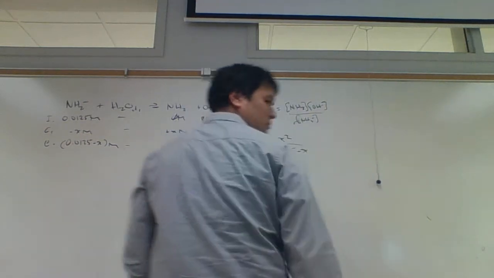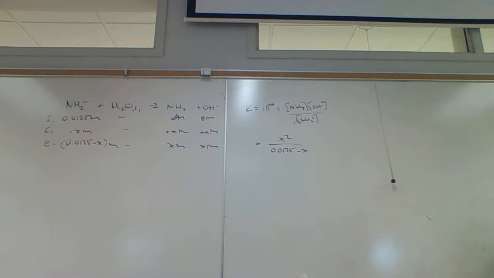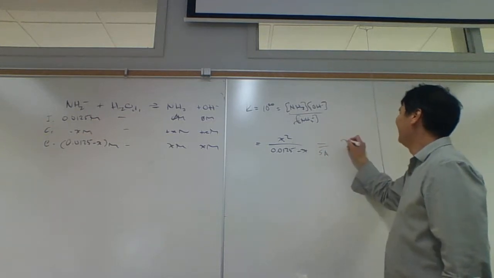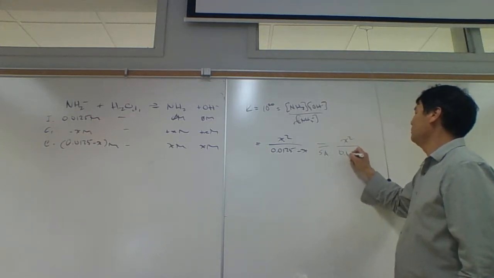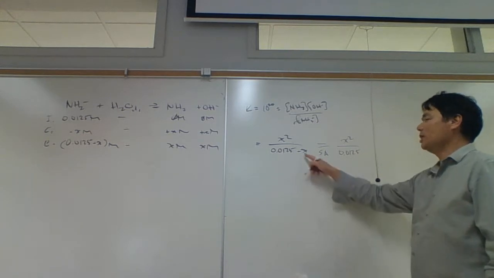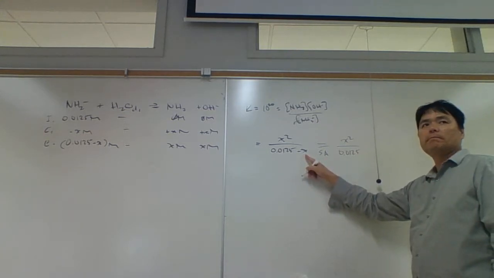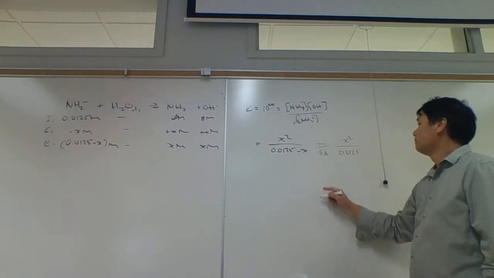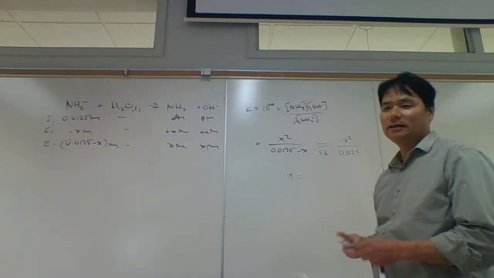I'm going to go ahead and assume the change is small. And so we'll get x squared over 0.0125. In other words, the change is negligible compared to our initial. This would be the change as our initial. And then let's solve for x here.